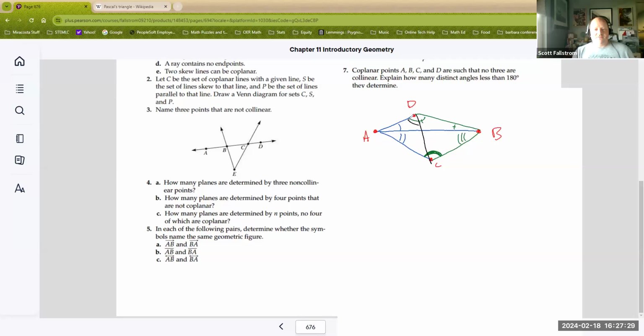So as a 6, this would be 7, 8, 9, and 10. And then I also have this angle right here, which is the whole thing. That would be 11. And that right there would be 12. So those are all the angles that I've determined that are less than 180 degrees.